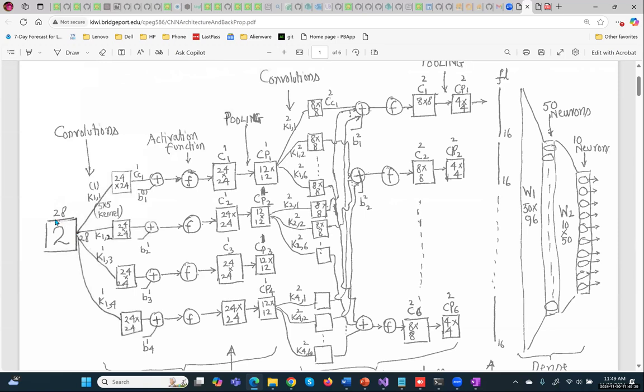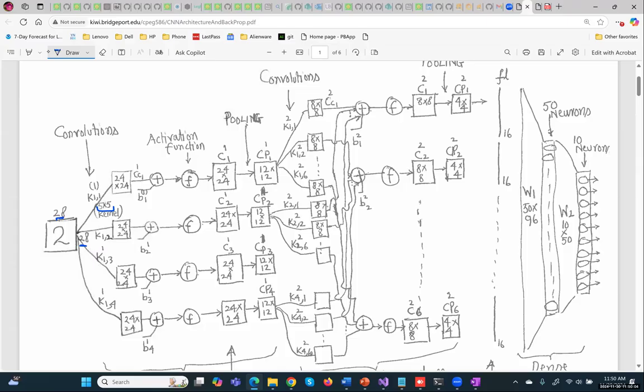Okay, so in this example, you can see we are starting out with a 28 by 28 image, right? So this is the MNIST digit. And what type of convolution are we applying over here? 5 by 5, right?